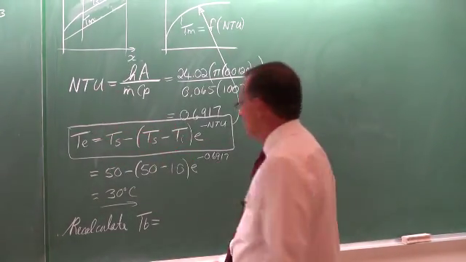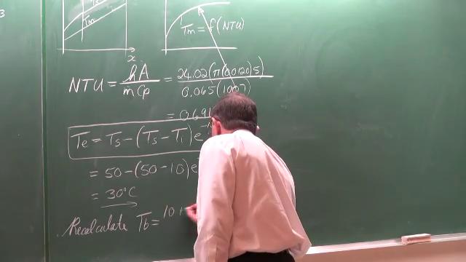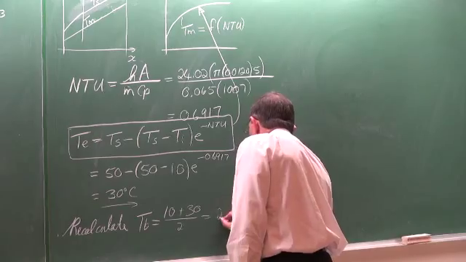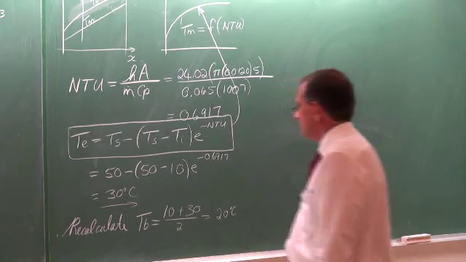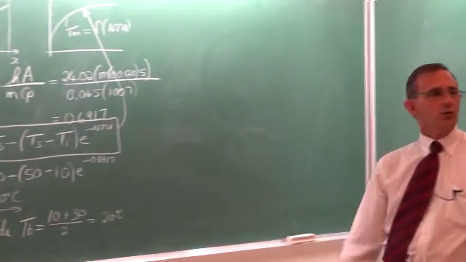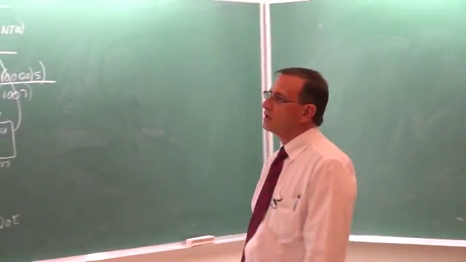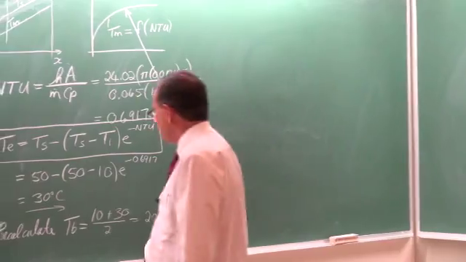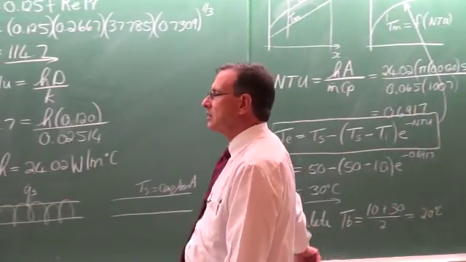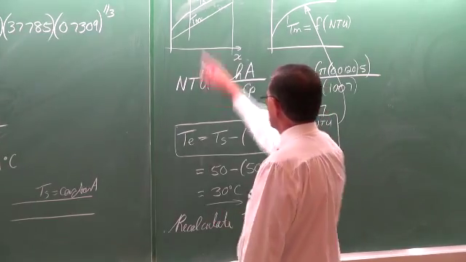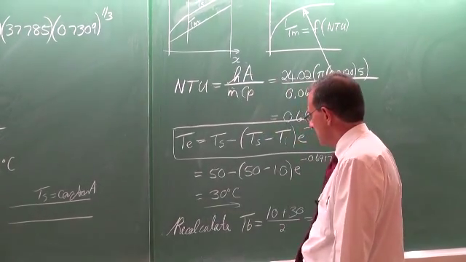So the new bulk temperature would now be 10 plus 30 divided by 2, and that would be 20 degrees Celsius, which is actually the bulk temperature that I've chosen. So if you've chosen a different one, then you just need to recalculate, and if it wasn't 20 degrees Celsius, you need to go through all the calculations again.